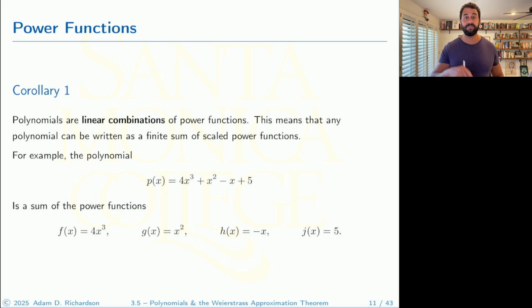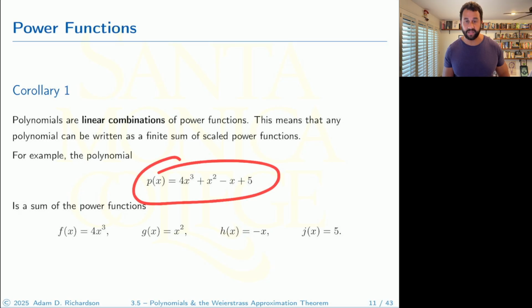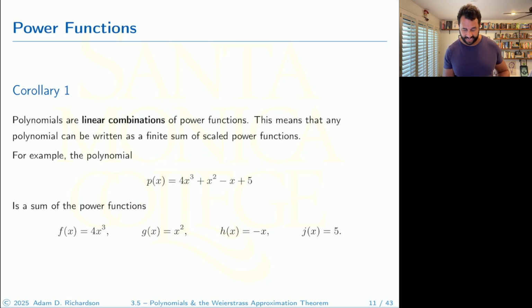In the activity, you actually did graphical arithmetic to produce a polynomial from two power functions. A polynomial is just a linear combination, meaning you add up a bunch of power functions. I'm introducing this now because you're going to explore it in much greater detail when you get to linear algebra. There's some really deep math associated with the construction of these polynomials.